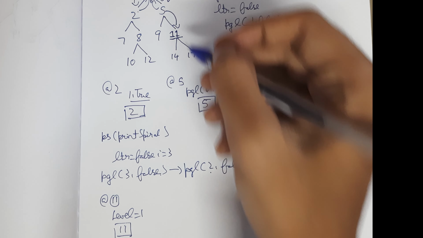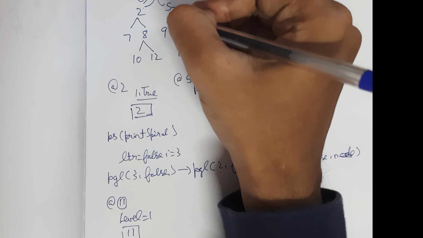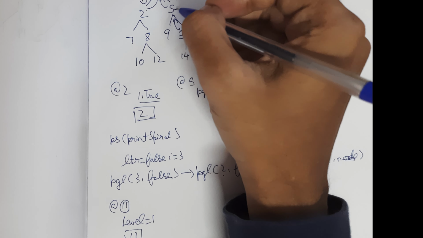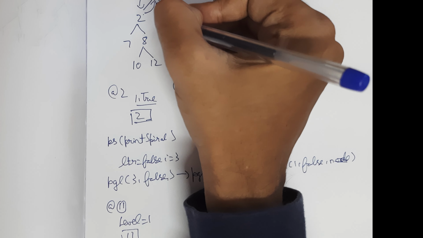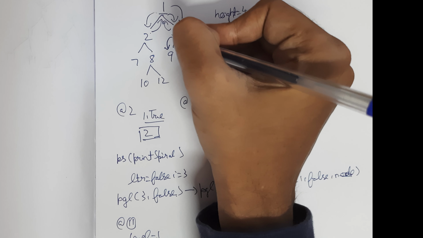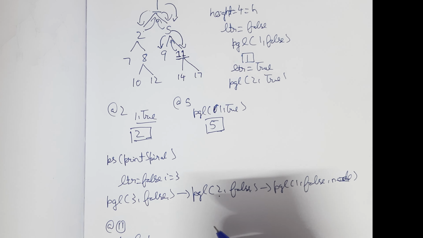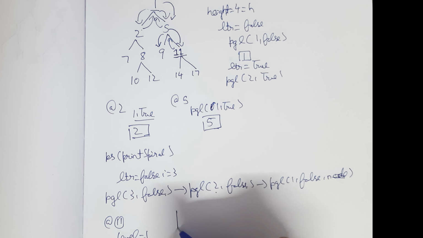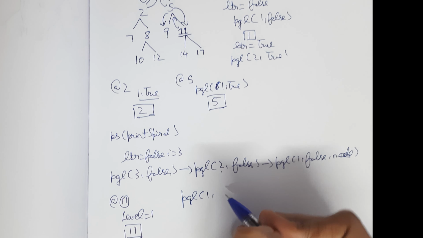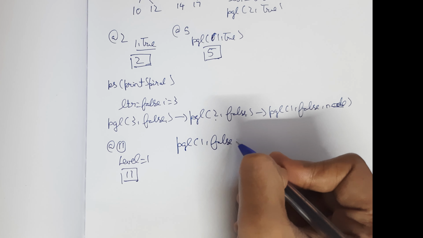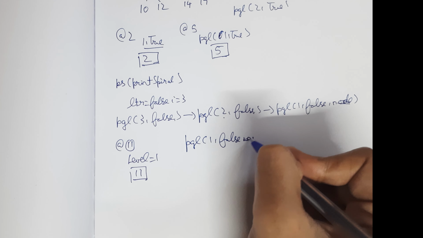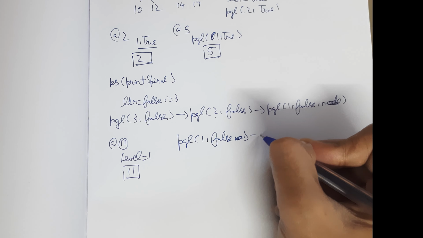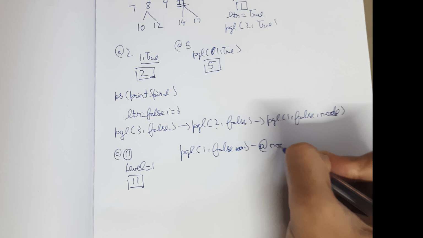and the control again passes to this node which contains the value 5, and again the control goes to the left subtree of 5. So we have PGL of 1 comma false, and this stops at node 9.